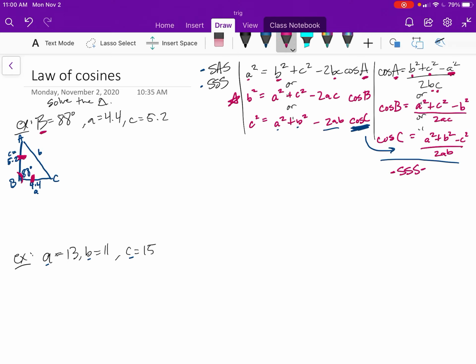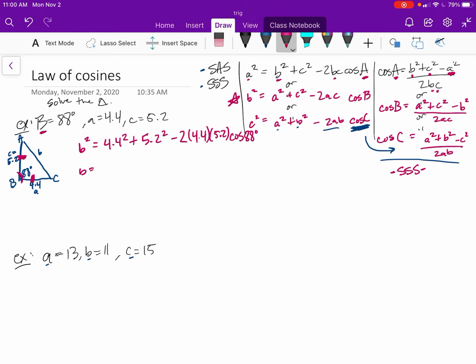Okay. Little b squared, I do not know little b squared, but it is equivalent to a squared plus c squared. So 4.4 squared plus 5.2 squared minus 2 times a, 4.4 times c, 5.2 times cosine of b, 88 degrees. All of that can go in the calculator, and then you just need the square root, right?